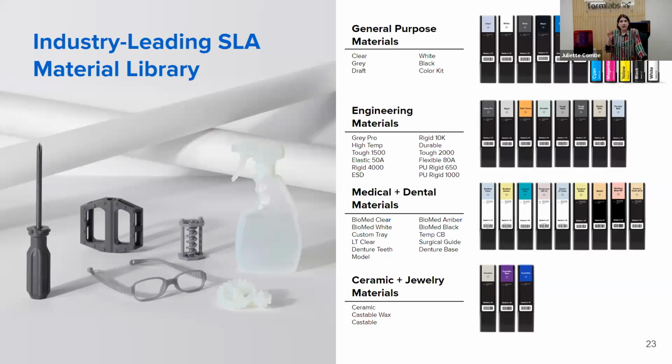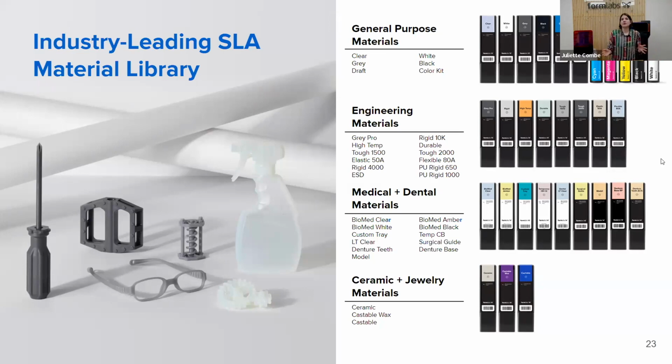In SLA at Formlabs, we have a really broad range of materials. So that will be maybe the second best point of interest. We have a library that proposes general purpose materials that are in our entry price resin. And then we also have a lot of engineering resin.